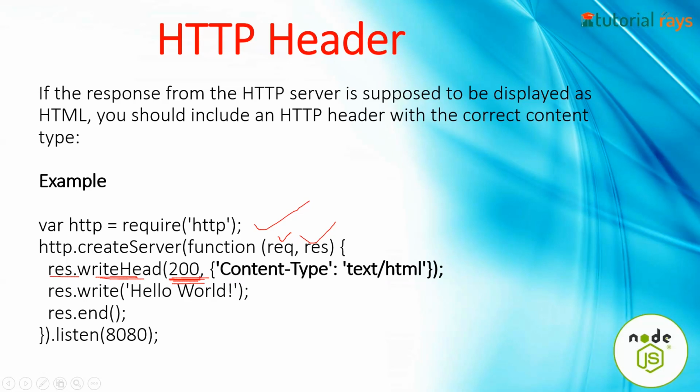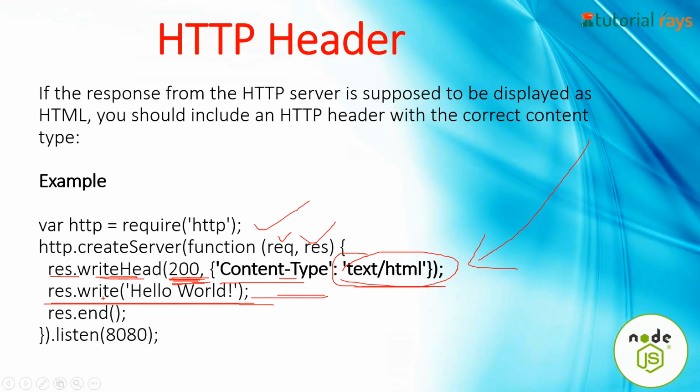So if the status code is 200, that means successful. And content type, what will it be, text/html. This is mixed. Before displaying this message, the server will first tell the browser that okay, I'm going to give you a file which is a mix of text and HTML. Then this data will display. So that is the work of the header.